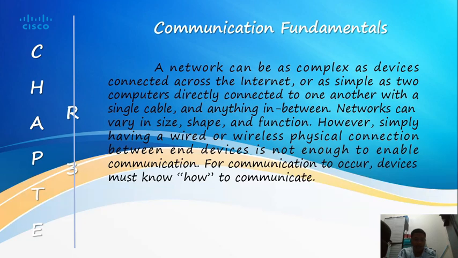Networks can vary in size, shape, and function. However, simply having a wired or wireless physical connection between end devices is not enough to enable communication. For communication to occur, devices must know how to communicate.